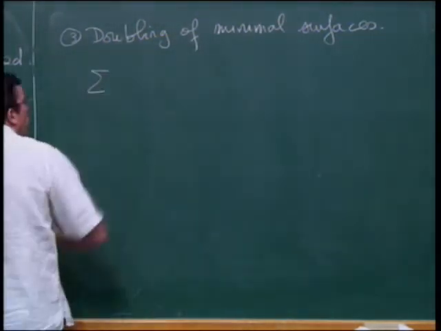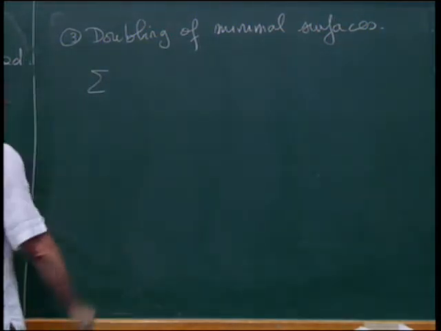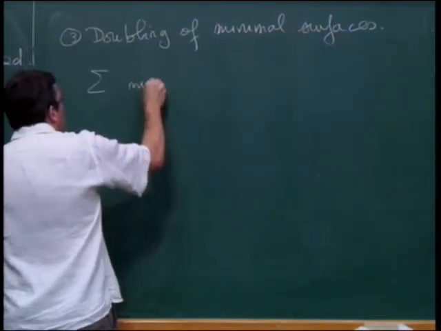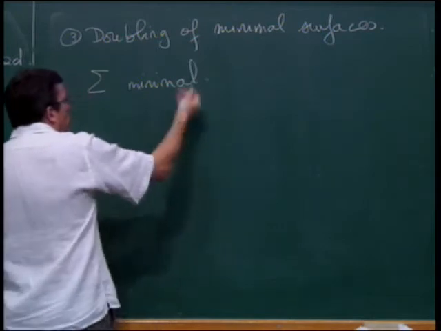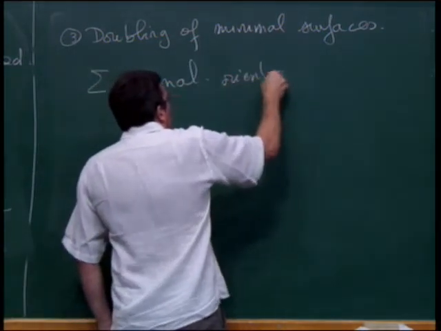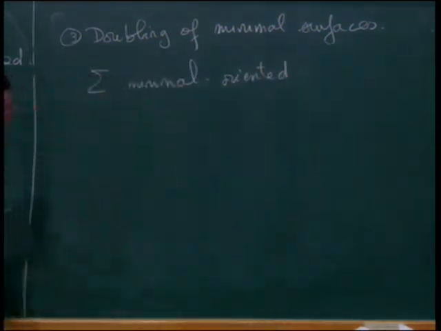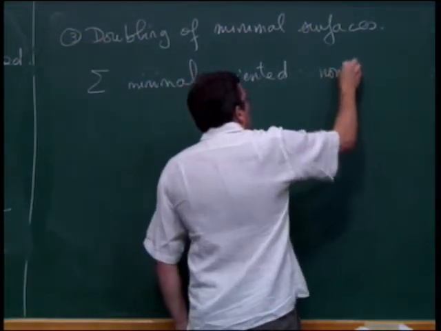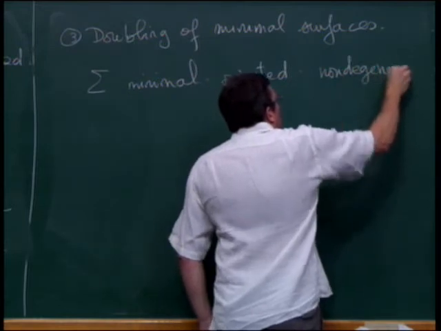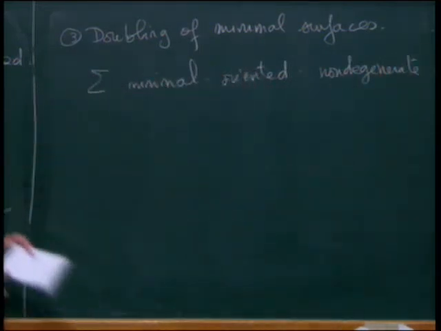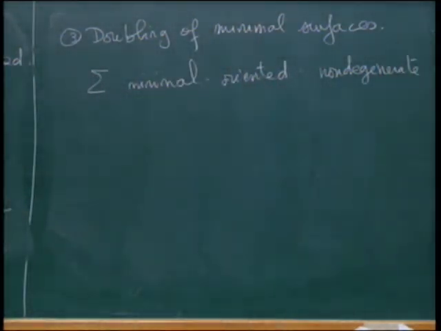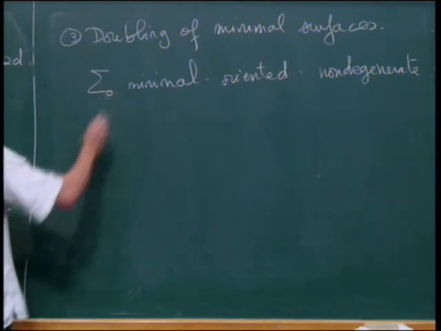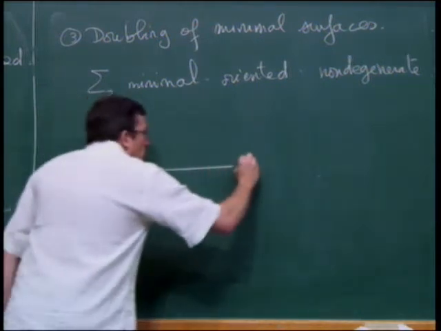You start with a minimal surface which is oriented, and you assume that it is non-degenerate. In particular, this means that if you apply the implicit function theorem, you can find surfaces which are close to sigma. Let me call this one sigma naught.